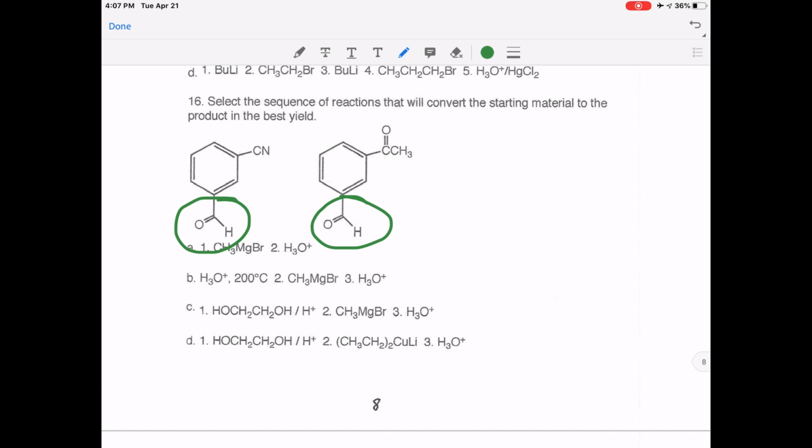So we need to find a way to synthesize the final product without affecting this aldehyde group, because it remains unchanged. In order to do that, we need a protecting group. We need to find a way to retain this oxygen without this substituent being affected by the Grignard reagent or the diorganocuprate reagent.